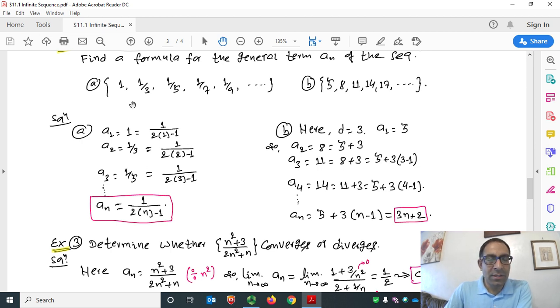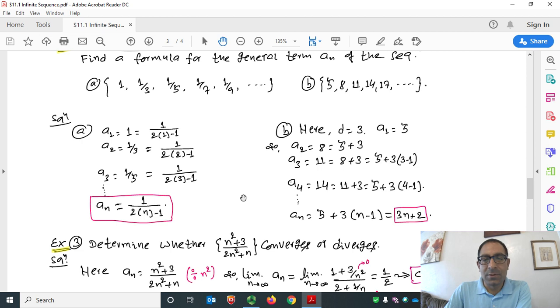So the second term here is 1 over 3, so we can rewrite 3 as 2 times 2 minus 1. The third term is 1 over 5. We can rewrite the 5 as 2 times 3 minus 1, with 1 in the numerator as it is. That means the nth term is 1 over 2n minus 1.